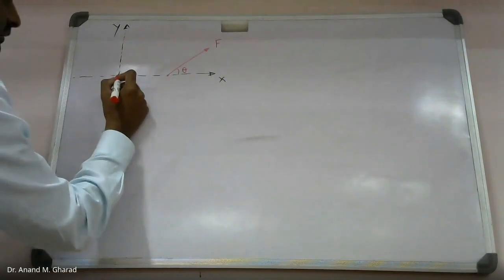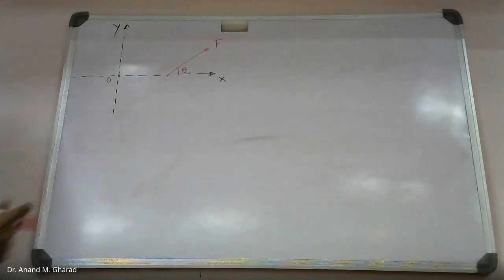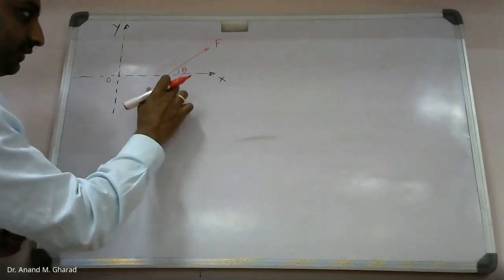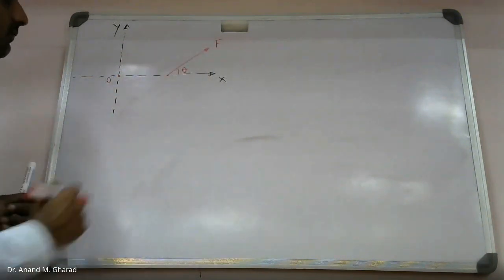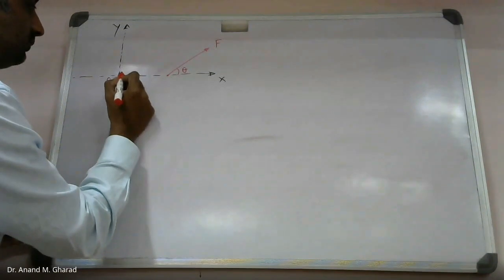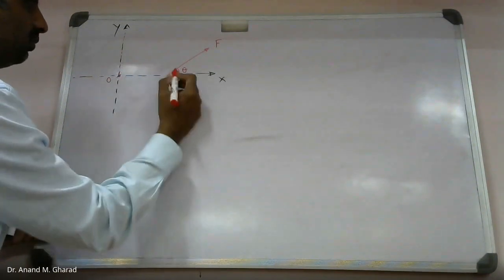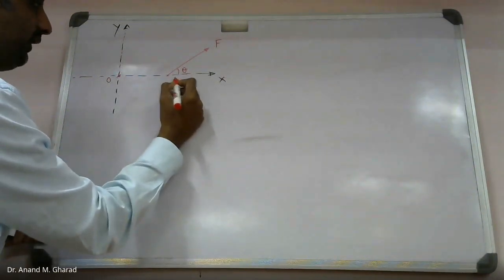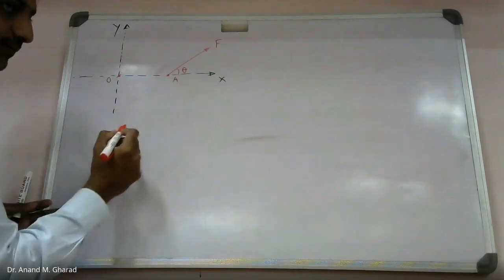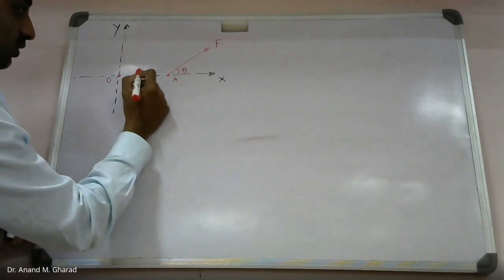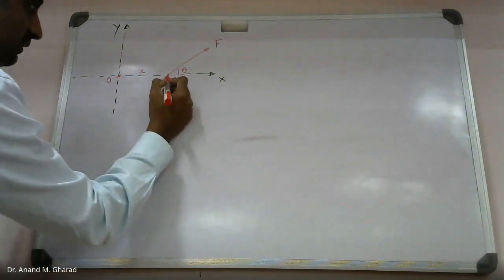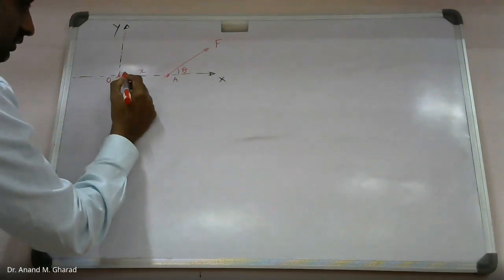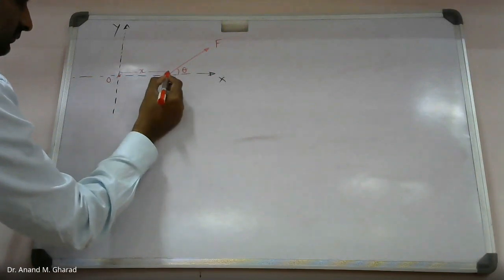And let me say that this is the point O, about which we are supposed to identify the moment which will be caused by this force F. Let me assume the distance from O to, let's say, point A, that is this point A. Let this be small x. Okay, the distance from here to here, this is small x.